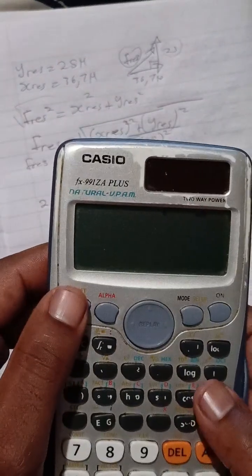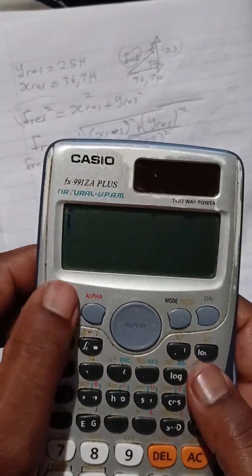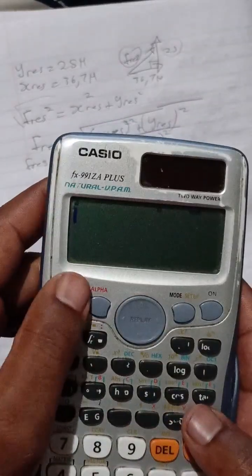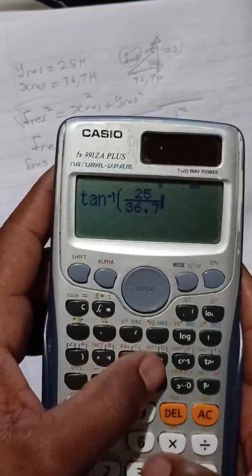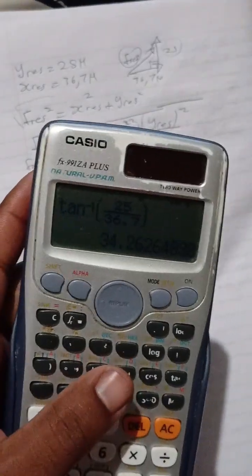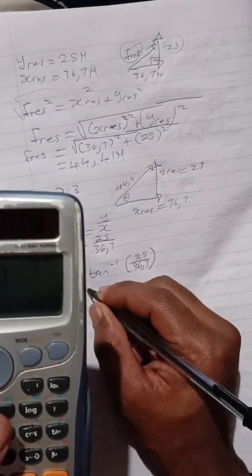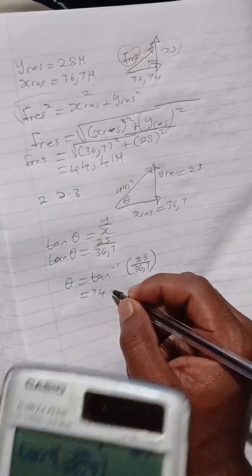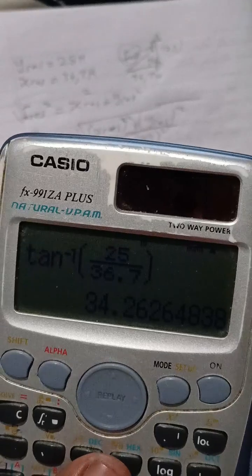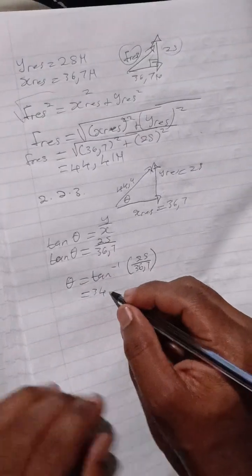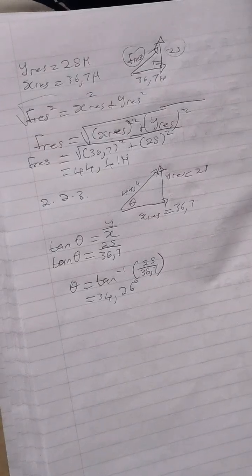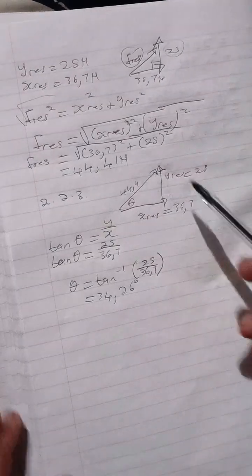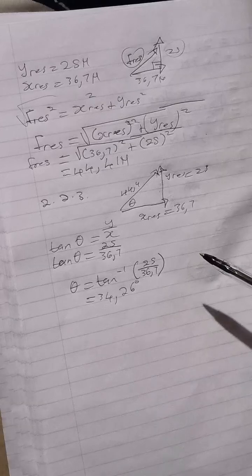Let's see, if we punch that on a calculator, what do we get? We are going to say shift tan 25 over 36,7 is equal to, so we get 34,26 degrees. So that's our direction for the resultant force. That's it, guys, for now. Thank you for watching.